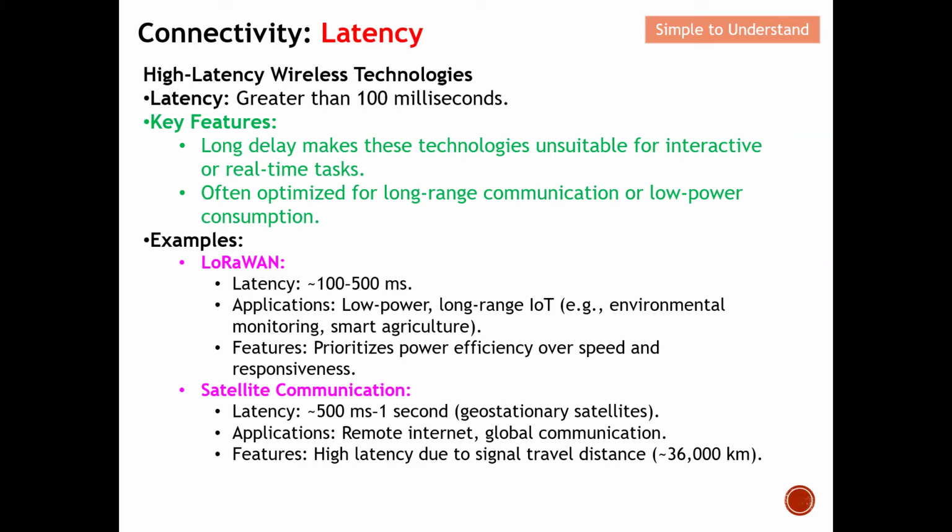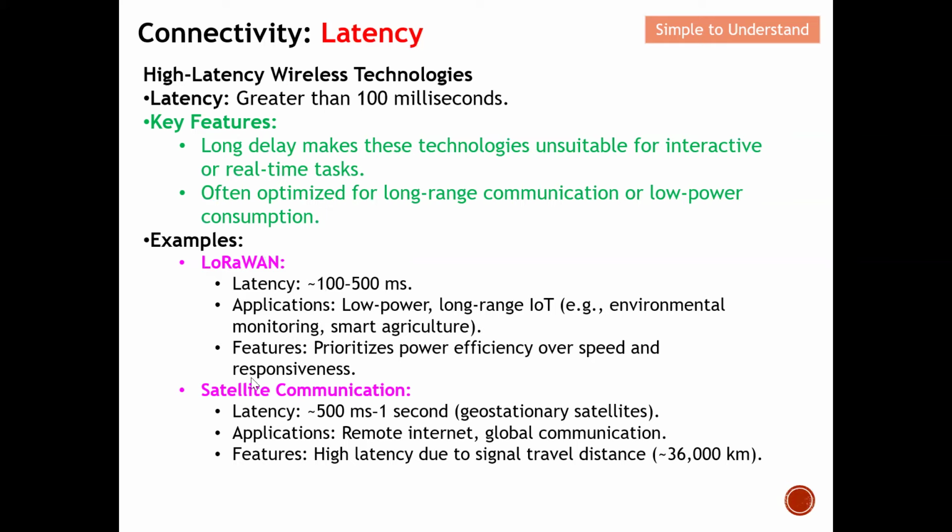For the application, we can do some environment monitoring, smart agriculture, etc. The key feature is that they prioritize remaining low power efficient over speed and responsiveness. So for anything that is crucial, you don't put it under LoRa, because LoRa has high latency.